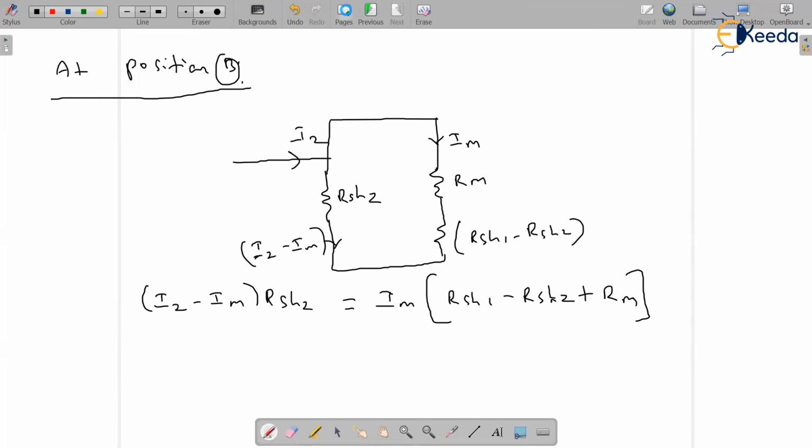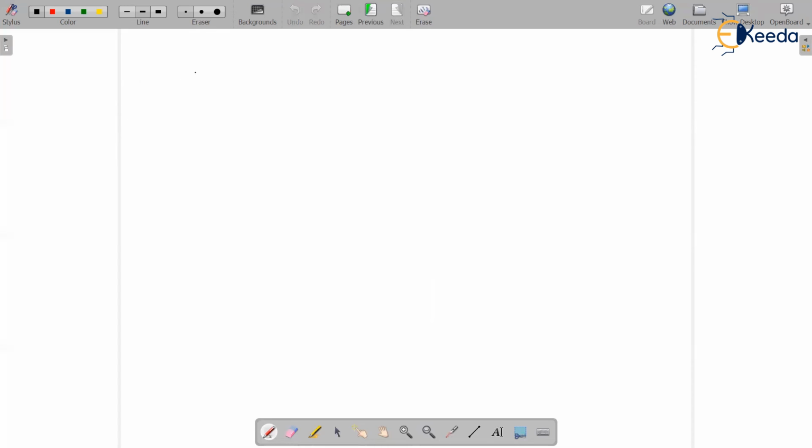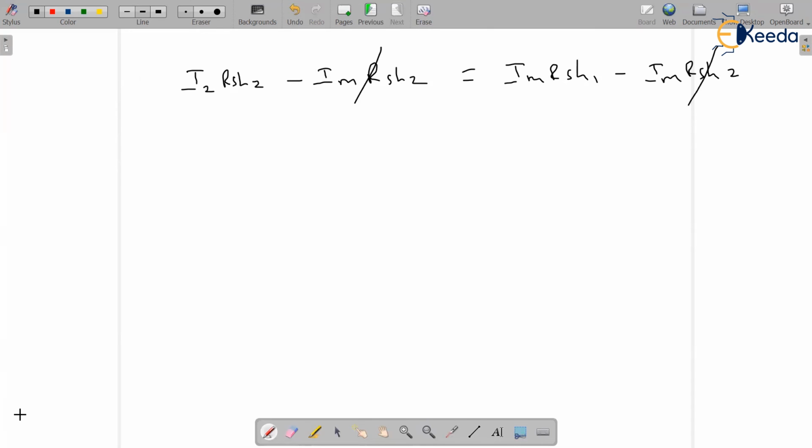So this gives rise to I2 RSH2 minus Im RSH2 is equal to Im RSH1 minus Im RSH2 plus Im Rm. So we cancel out each other.